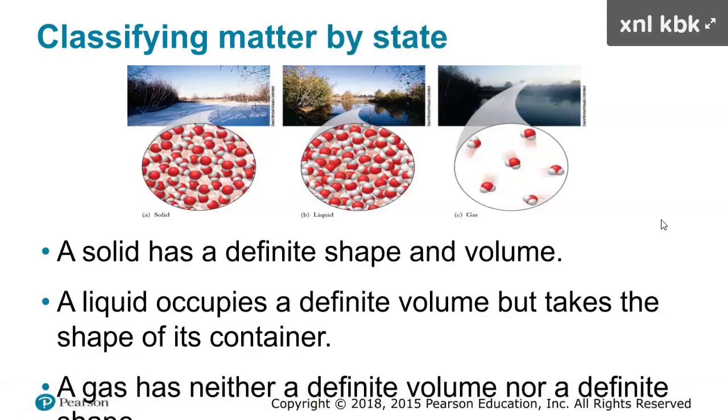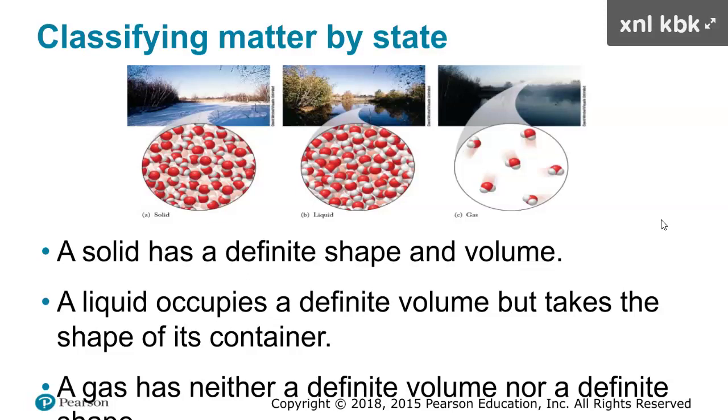Liquids, on the other hand, have a defined volume, but their shape changes as we go from container to container to container. You know this phenomenon quite well. Take a gallon of milk out of the refrigerator or a bottle of juice. It's the shape of the container that we put it into. You pour it into a glass, it takes on the shape of the glass.